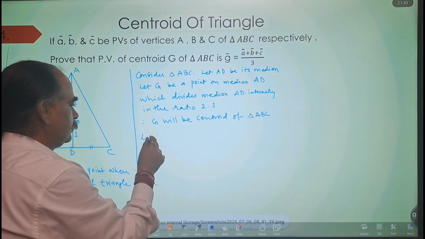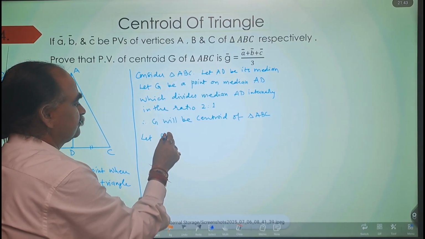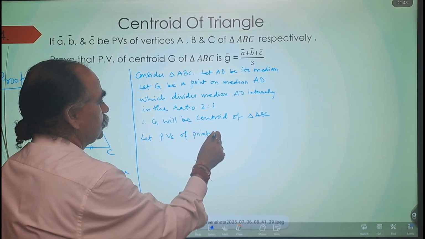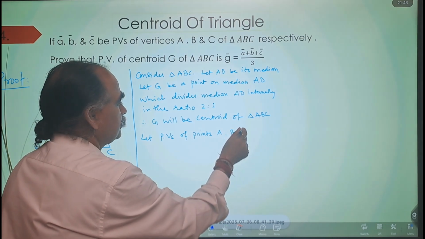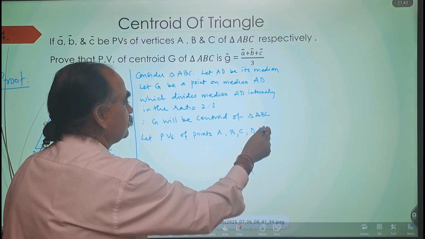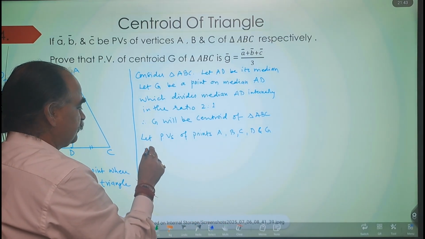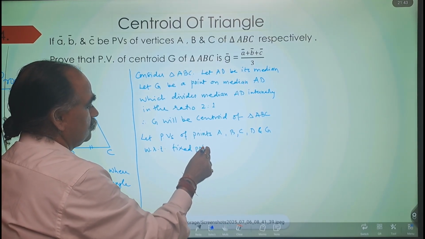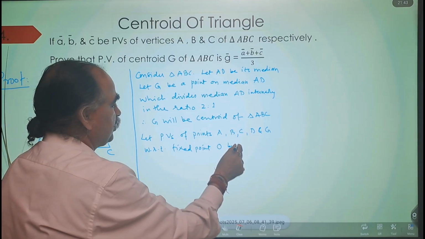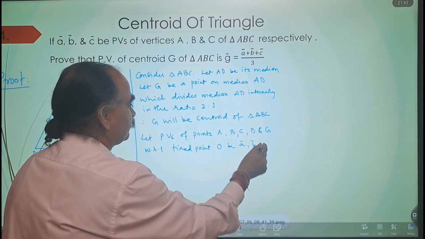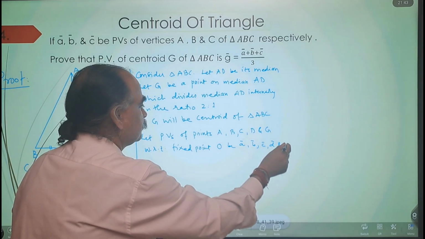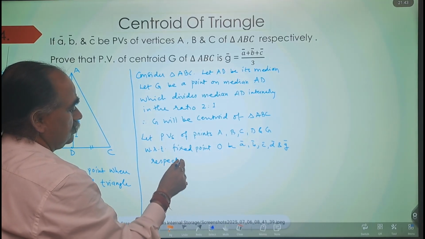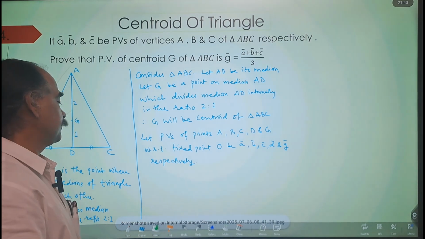Let position vectors of points A, B, C, D and G with respect to fixed point O be A bar, B bar, C bar, D bar and G bar respectively.